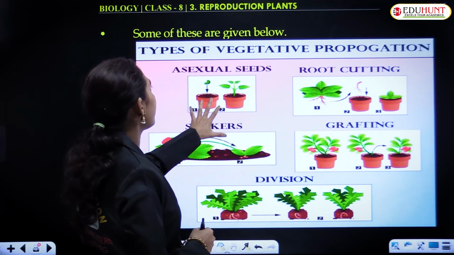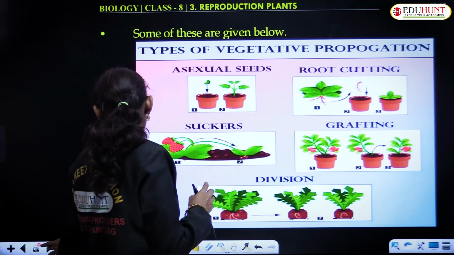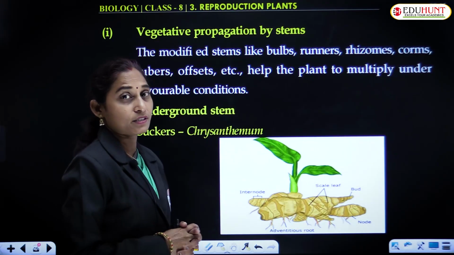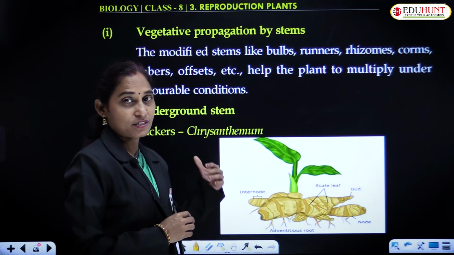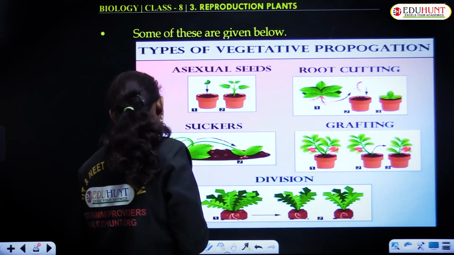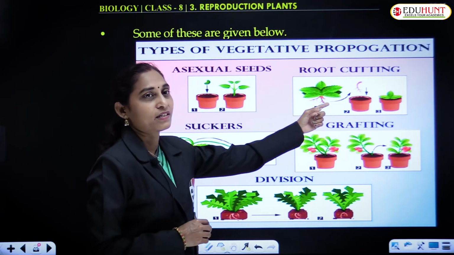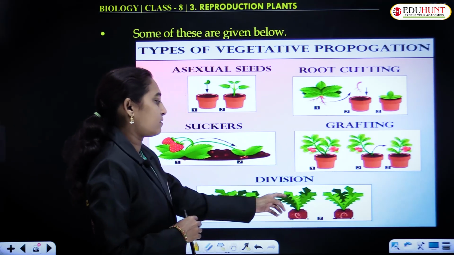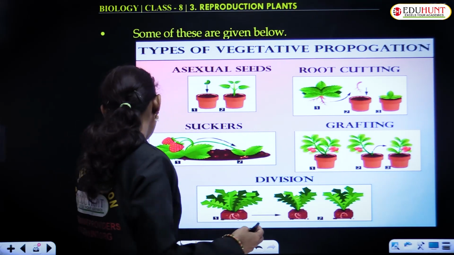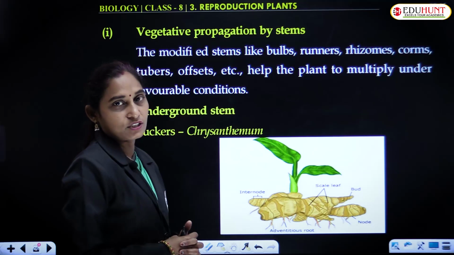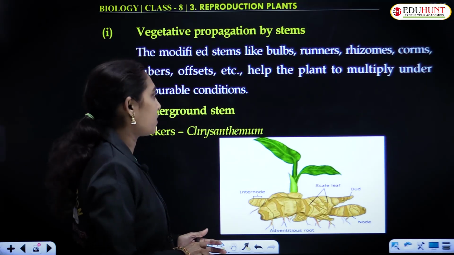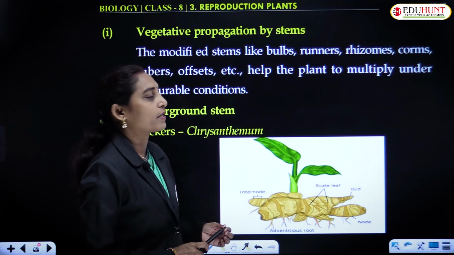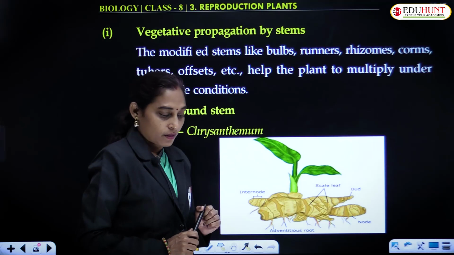So these are some of the various ways of vegetative propagation. Artificial vegetative propagation methods are also mentioned here. Grafting is an example of artificial vegetative propagation, and division is also a kind of artificial propagation.